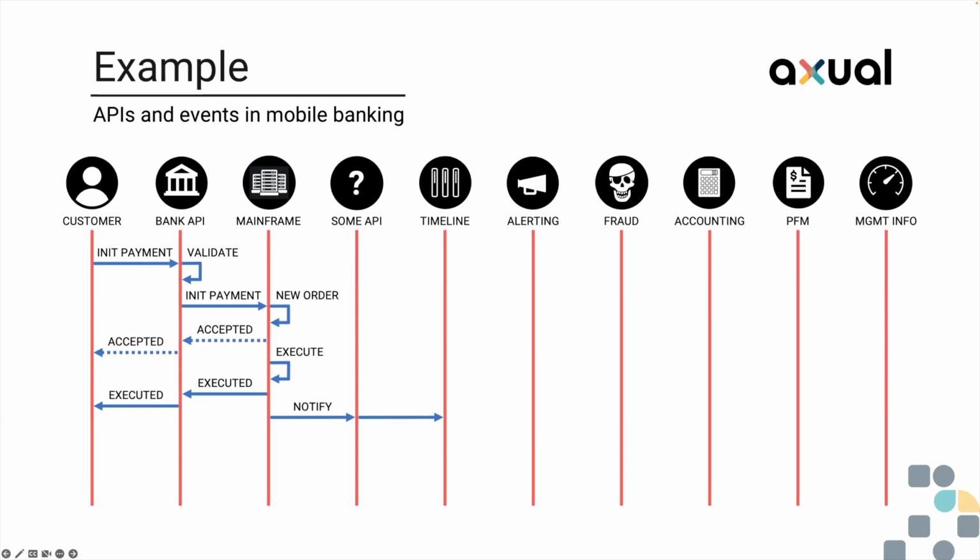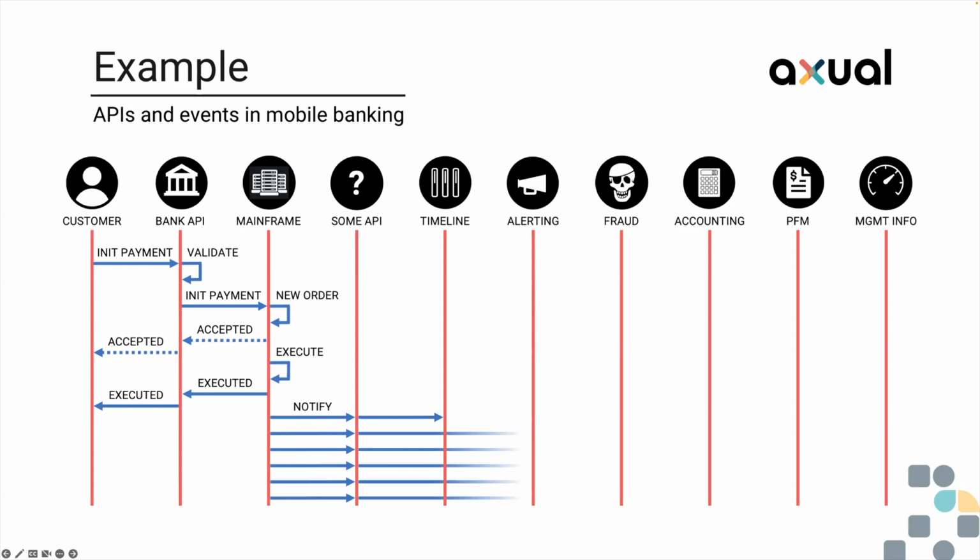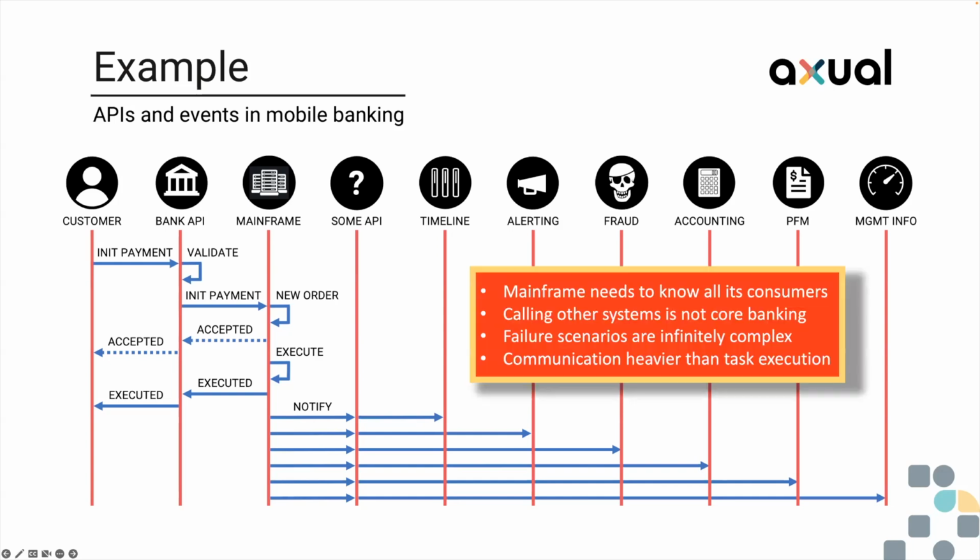Now, exactly because this is client server and this is a one-on-one pattern, this would imply that we need to send all these applications a specific notification about the fact that this transaction took place. But this, of course, leads to very bad system behaviors. Because now, all of a sudden, because of this pattern, mainframe needs to know all its consumers.